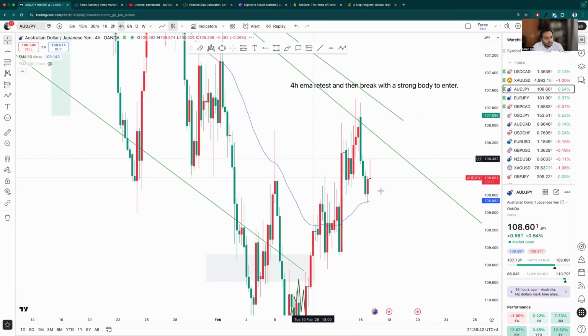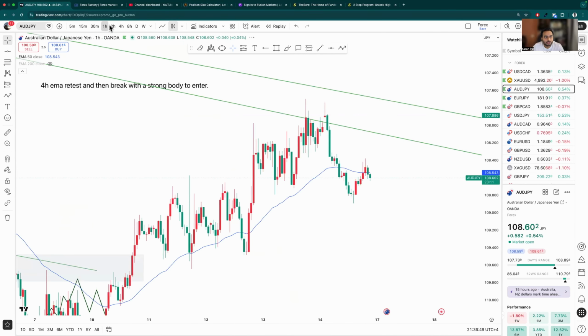Once it breaks this on the 4-hour time frame, that shows me assurance of a continuation. There's a second lower high and lower low. I hope this makes sense. This gives me an entry.